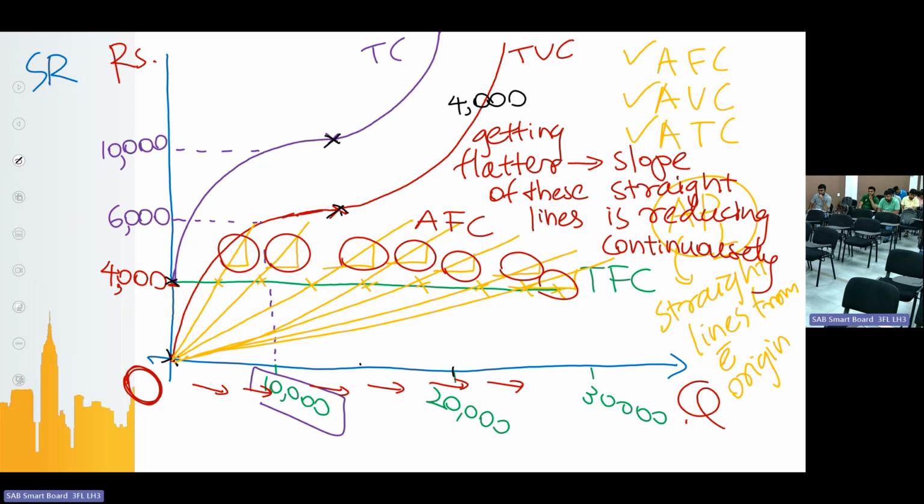The slope of these straight lines measures what? Average fixed cost. The slope is reducing continuously. That implies what? Average fixed cost is reducing continuously.